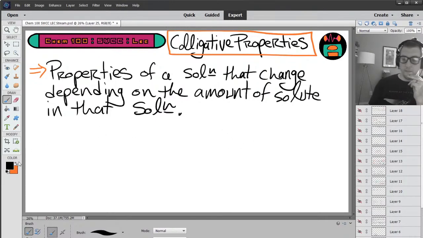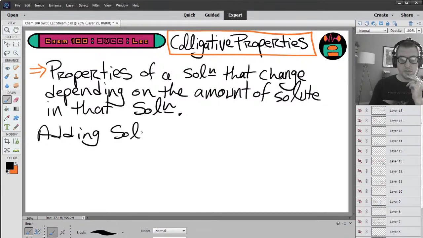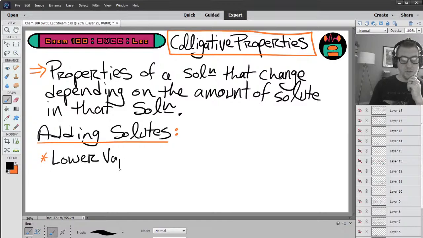All right, so for example, adding solutes will, for example, lower vapor pressure. All right, adding solutes will lower vapor pressure.